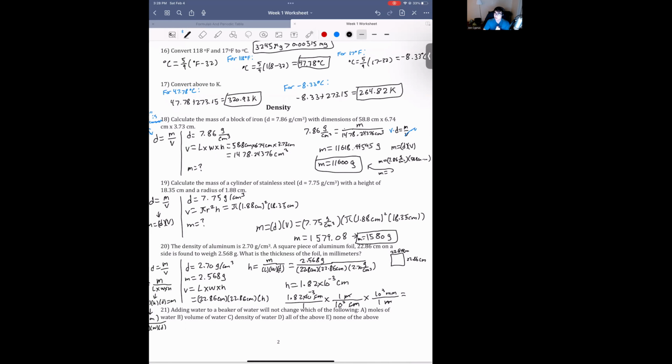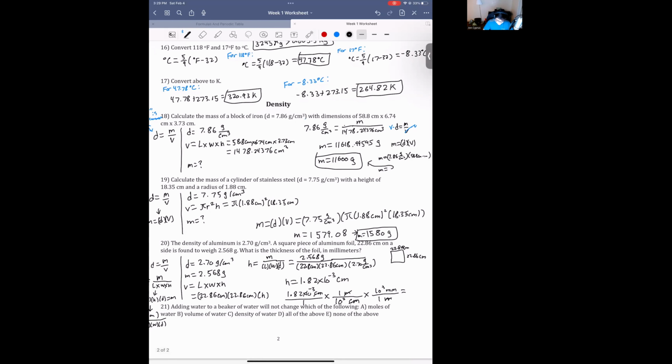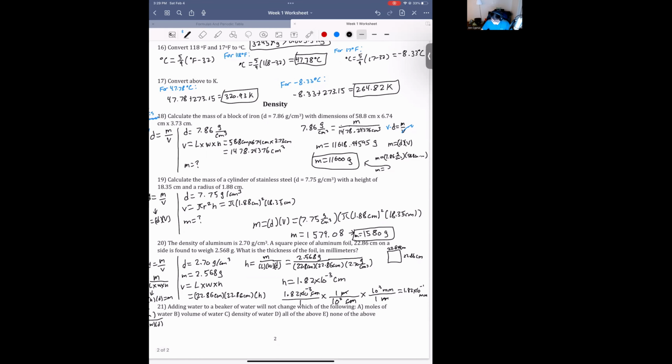There is 10 millimeters in a centimeter, and you can also use that conversion if you don't know. It's not to worry. You can do it like this. So we go ahead and plug everything in. And you can actually just use your rules of exponents here. So you end up getting 1.82 times 10 to the negative 1 millimeters. And that is your answer.